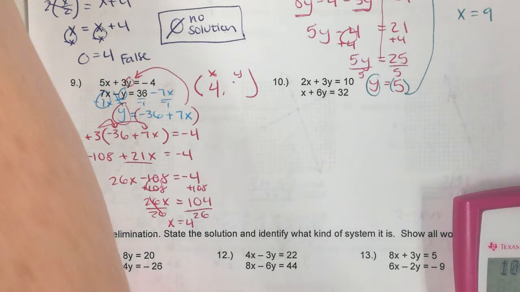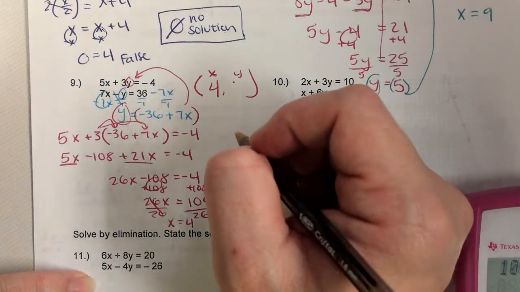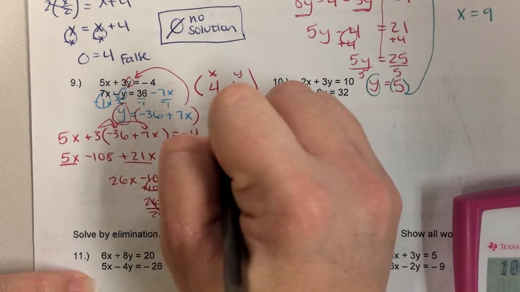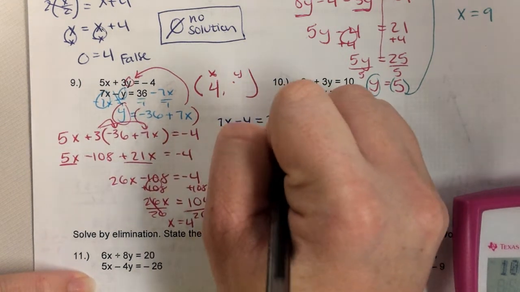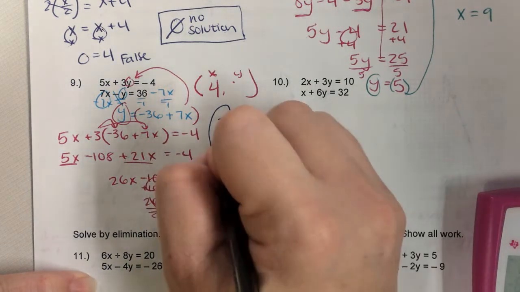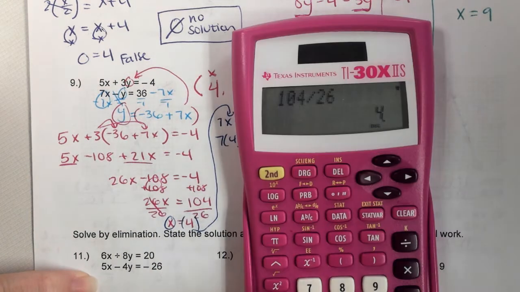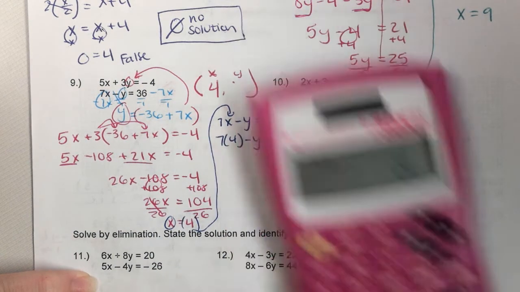And I'm going to plug it into the other equation, or it doesn't matter actually. And I'm going to replace x with 4. So 7 times 4 is 28.